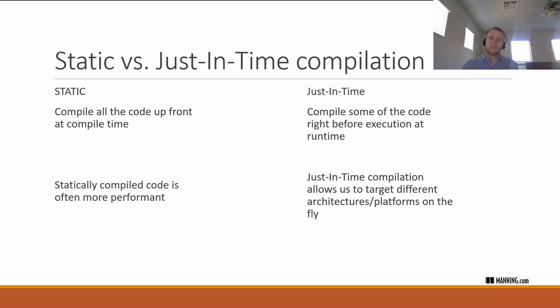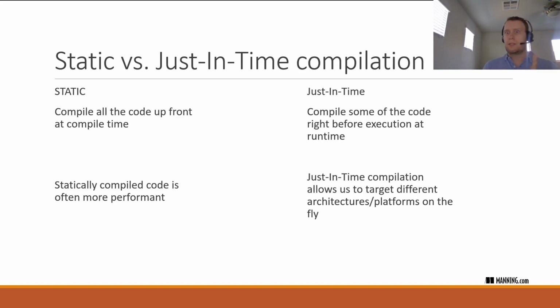Well, perhaps the best argument is because you are compiling code on the fly, you can target different architectures as necessary. So this allows you to run the same executables on different platforms. And as a result, that allows us to run C# and .NET on different platforms from the same intermediate language code. And more on that in a slide or two.